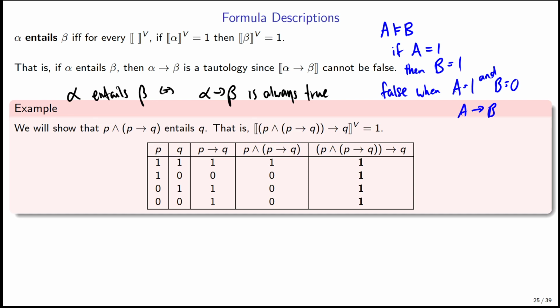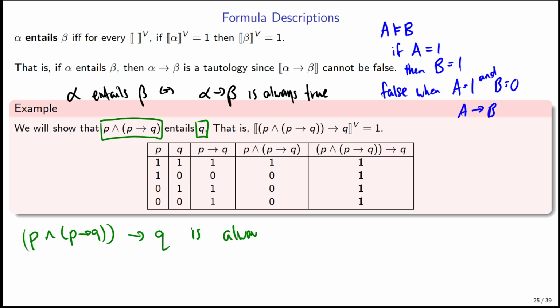So we can do this with a truth table as well. So let's say I want to show that P and P arrow Q entails Q. What this means in terms of what I want to construct is that I want to show that P and P arrow Q arrow Q is always true.